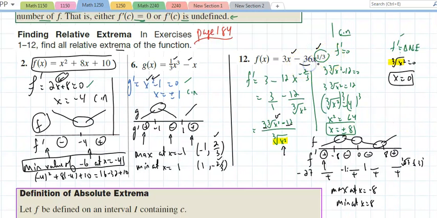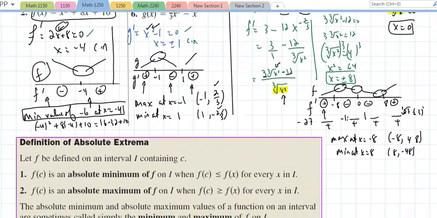Negative 2 times negative 36 is 72. 72 minus 24, what would that be? 48. And if I put the 8 in there, that will be positive 24 minus 72. Those don't always match, but there it is.